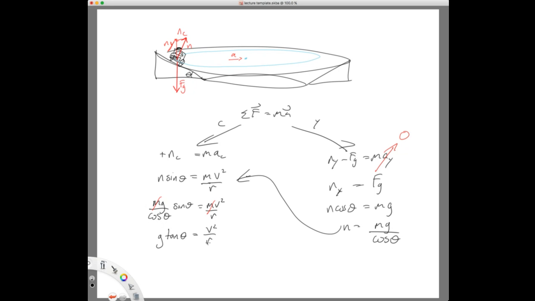Now, this would be how fast you would go if there's no friction at all. So if this ramp is straight, that is, the angle's not changing. If it were a curving ramp, then the angle could change. If the angle doesn't change and we speed it up, then r has to get bigger because the left-hand side is constant. If v increases, r increases. If v decreases, r decreases. So with no friction at all, you can drive around this track at a certain speed.